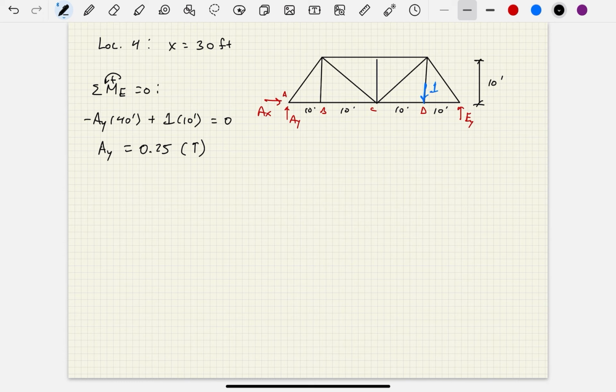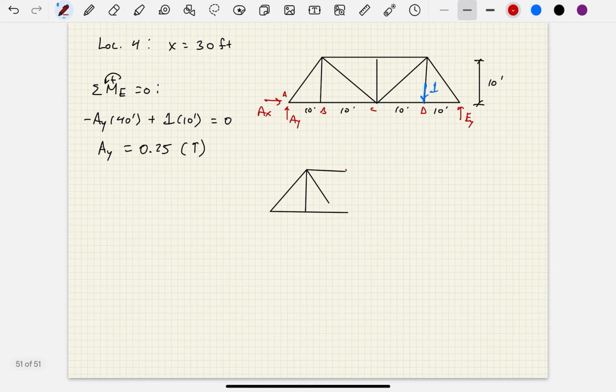And now I'm going to use method of sections, right? Make a cut in the same manner that I have been doing the past several steps. And when I do that, I'm going to have a system that looks something like this. Okay, let's clean that up just a smidgen.